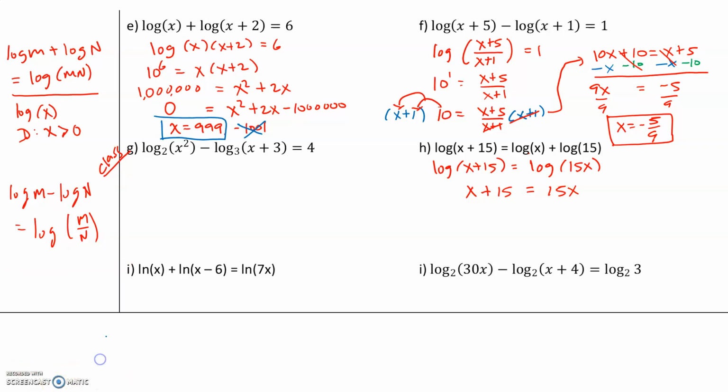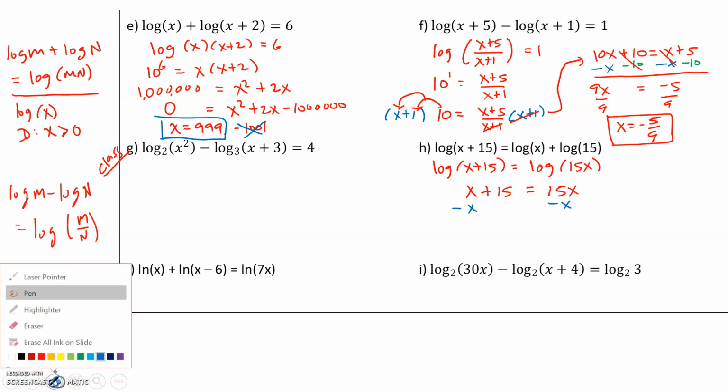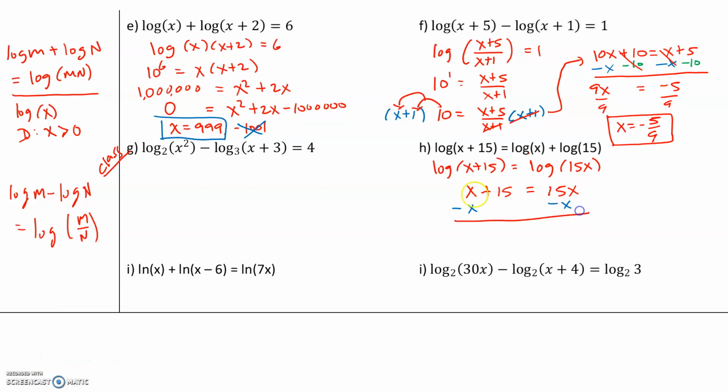So I'm going to subtract x from each side. And this gives me 15 equals 14x. Then I divide both sides by 14. And finally, I get that x equals 15 over 14.